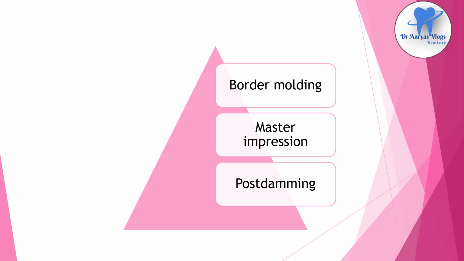Out of which the master impression is one of the most important steps in the fabrication of complete denture. It should record the denture bearing area at rest to reproduce various final details and also record the muscular peripheral tissues in function.